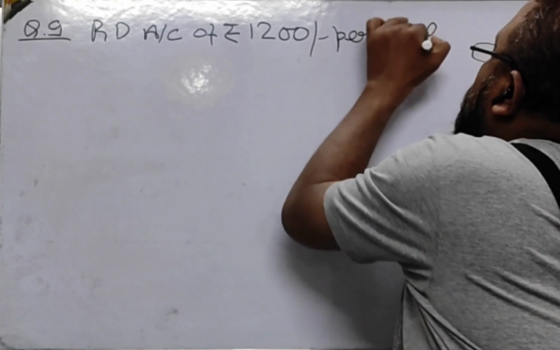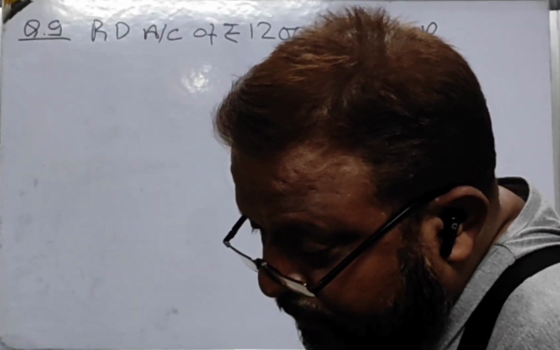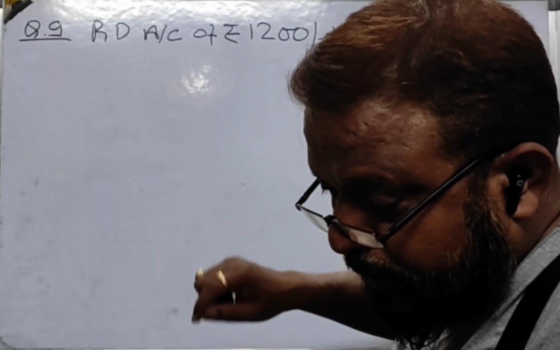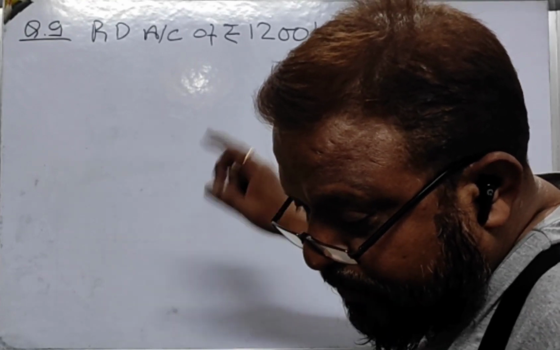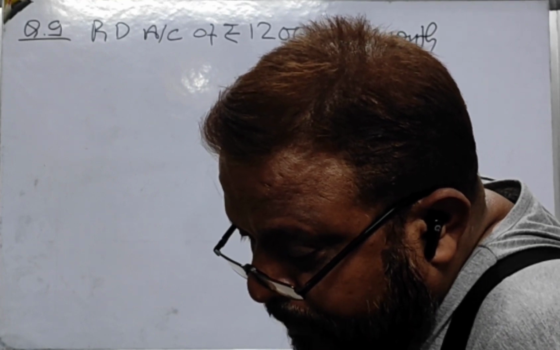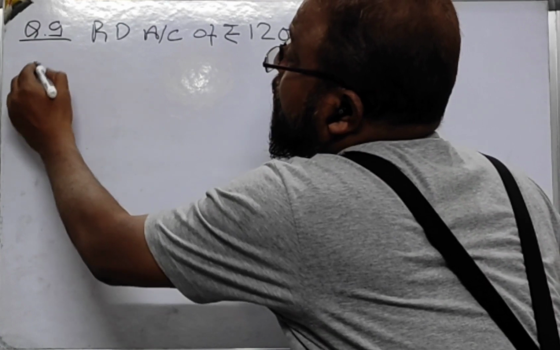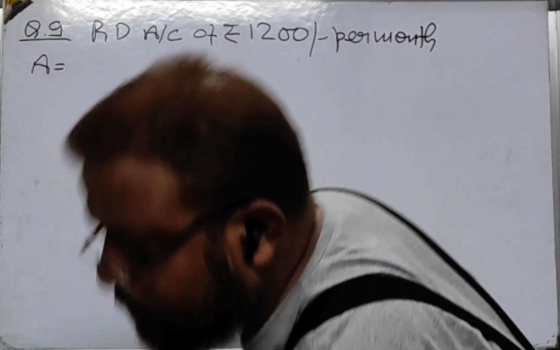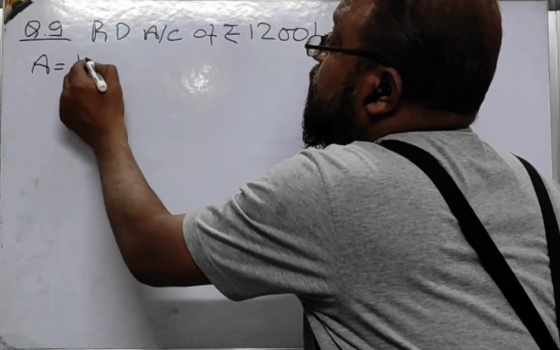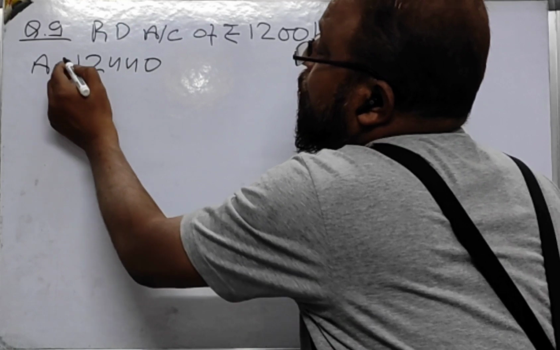Okay, so keep writing. Actually, since the question is quite big, we have to find the time, so I have to rub something. So for some months, as maturity he gets 12,440 rupees.